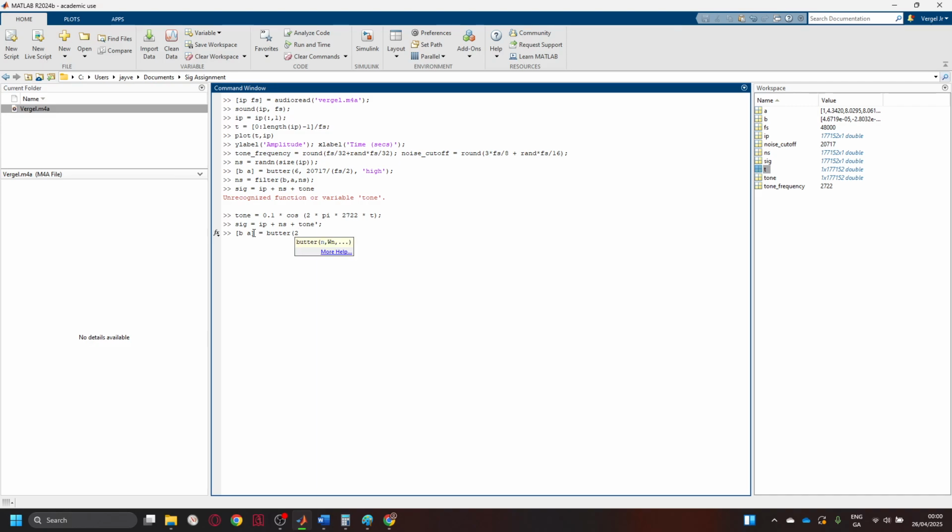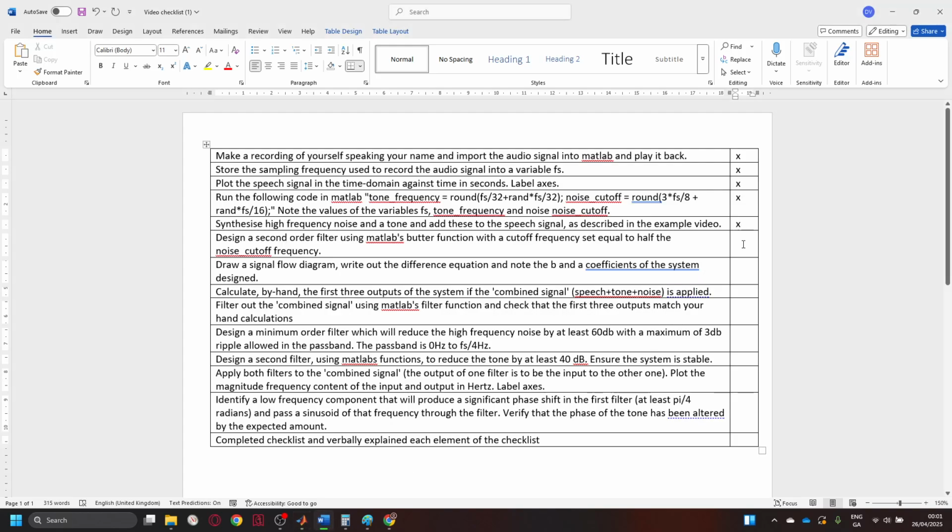According to the instructions, it's a second order filter. Then our noise cutoff is 20,717 divided by 2, and of course all of that divided by fs over 2 for a normalized frequency. So I'm just going to put an X on that.